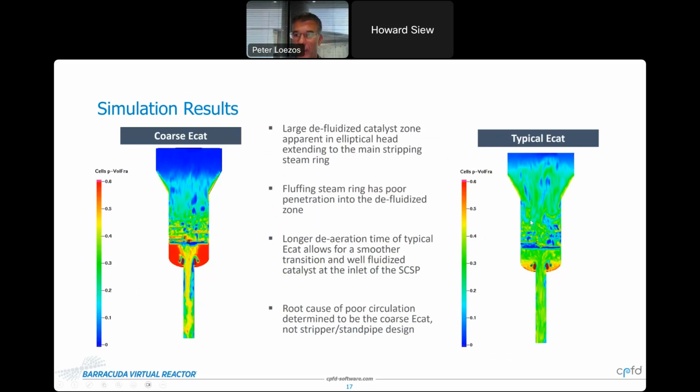If you look at the typical ECAT, you will have longer deaeration times, allowing for a smoother transition and well-fluidized catalyst at the inlet of the spent catalyst standpipe. So based on these simulations, we determined that the root cause of poor circulation was due to the coarse ECAT, not the inherent stripper standpipe design.